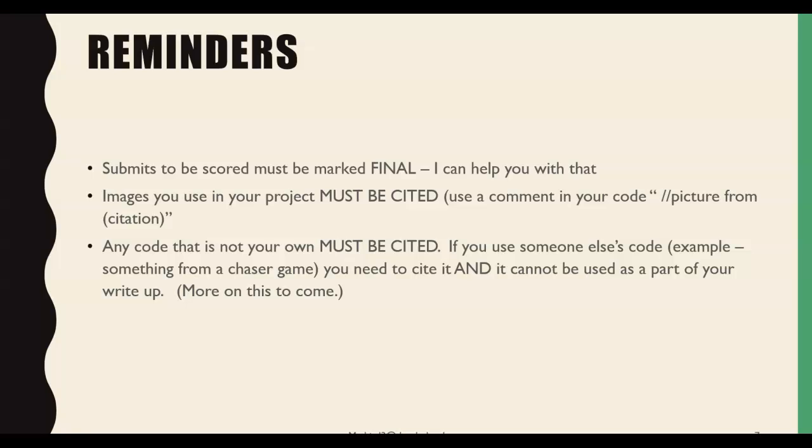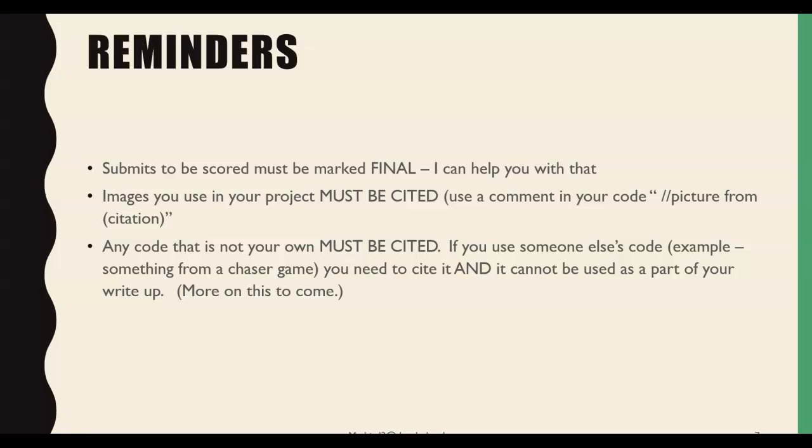However, he used that as a precursor to the stuff that he was going to talk about in his write-up. So if you are going to use old stuff that isn't part of your new stuff when you go to talk about it in your response, then you need to cite it. So you cite it, and then that cannot be part of your write-up. And again, more to come on this.